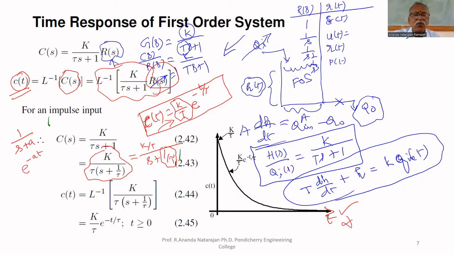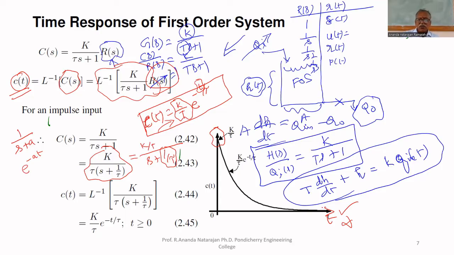When t equal to 0, what will you get? e power minus t by tau is e power 0, which is 1, so you get k by tau. When t equal to 0, the magnitude is k upon tau. If you give an impulse input, the magnitude becomes k by tau. If you substitute t equal to infinity, what is the final value? e power minus infinity equals 0.